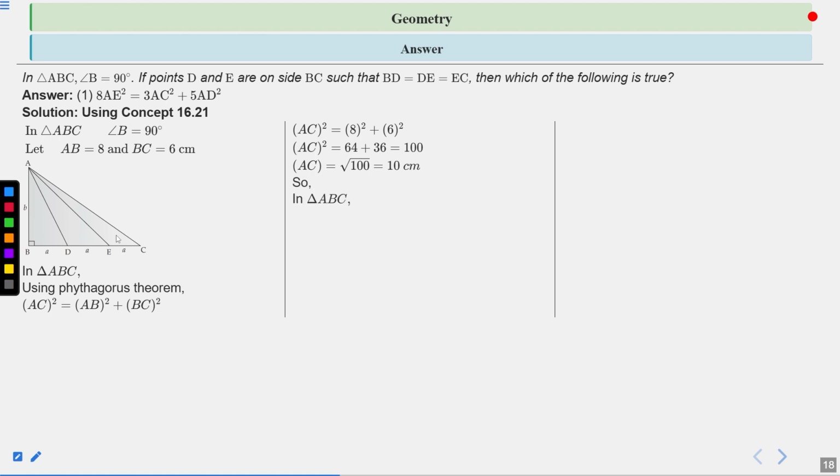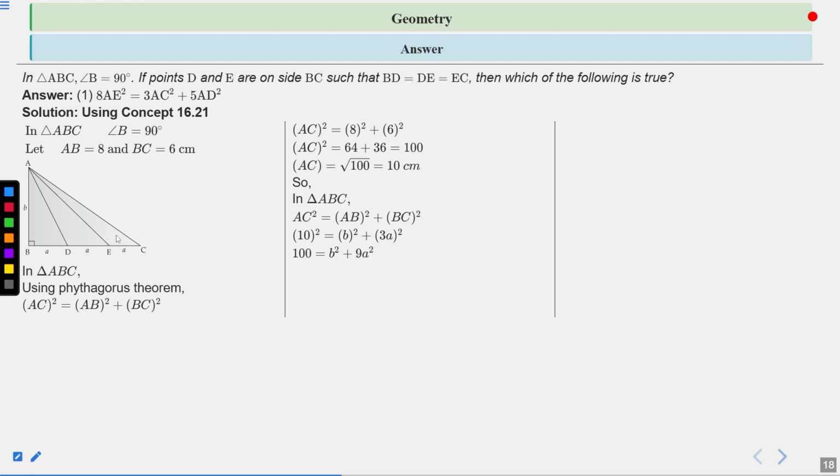So in triangle ABC, it is also given that BD equals DE equals EC. So AC square equals AB square plus BC square. So we can say 10 square equals B square plus 3A square.